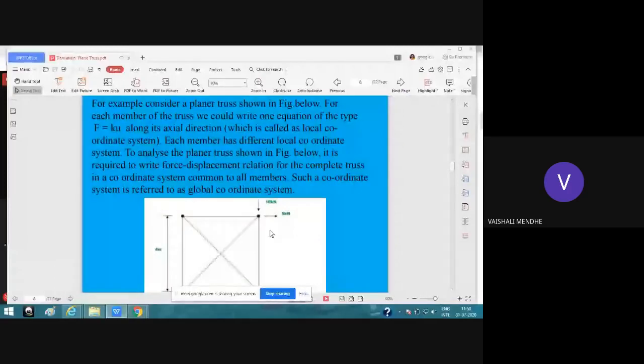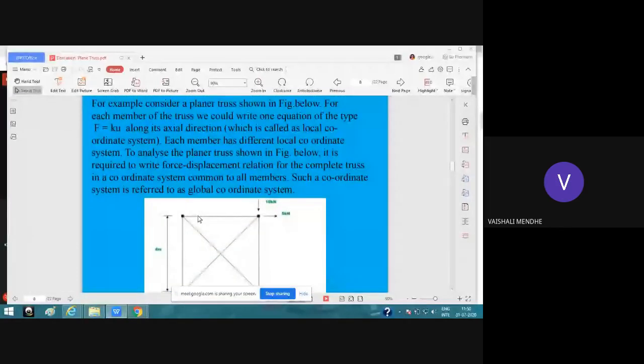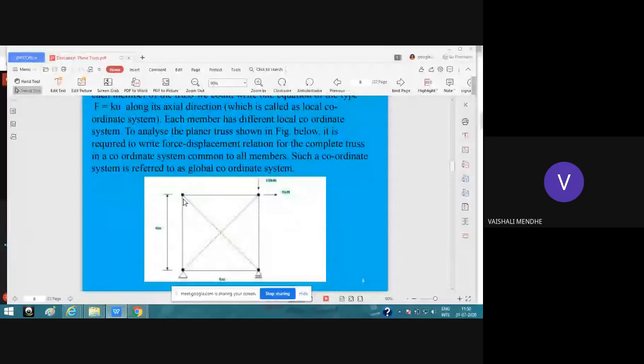In this figure you can see there are 6 members in this truss. For every member, along its axial direction, you can write the equation F is equal to K into delta, which is called a local coordinate system.